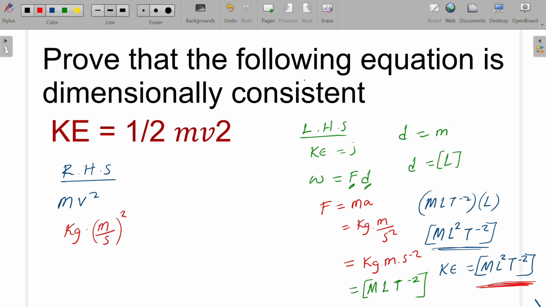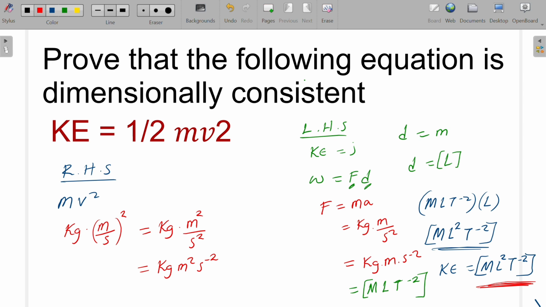So when you square that, you find that this will be equal to kg, multiplying by m² on top there, and down here we'll have s². So mv² has the units of kg m² over s². Remember, this can be rewritten in this format again, kg m². When we take the s² on top, it's going to be s to minus 2. The power becomes minus 2.